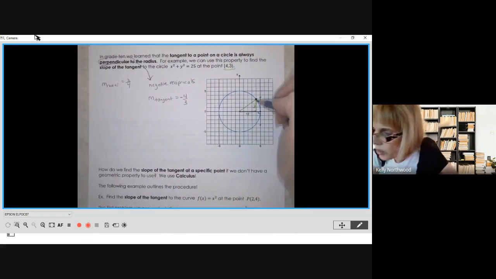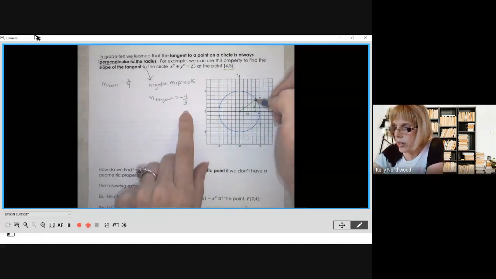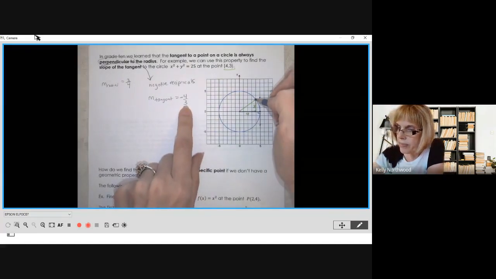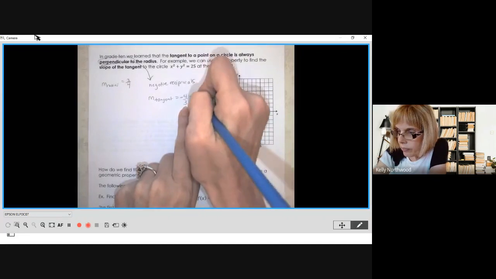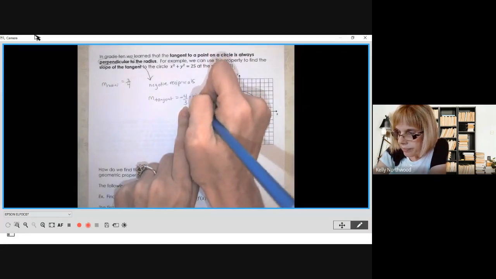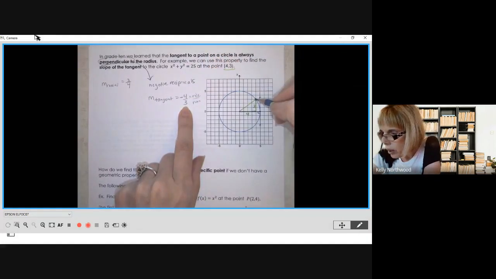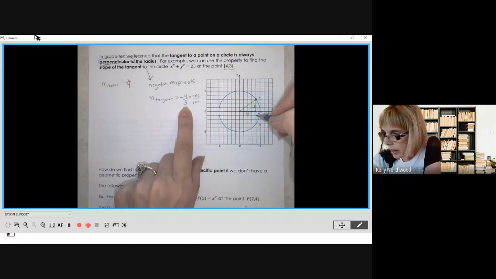So that means if I want to draw the tangent in to the circle at this point, I'm going to start at this point here and use the slope of the tangent and go down 4 and right 3. Down 4 again, right 3, well, that's off my page, reverse it, up 4, and left 3.